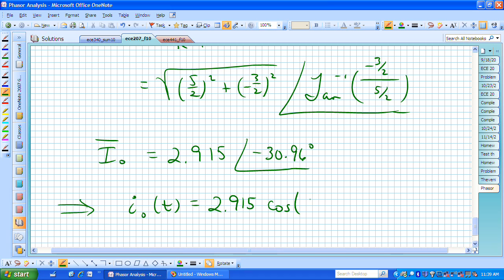It's a cosine waveform at the frequency that we had exciting the circuit, which was 4 radians per second, and it's offset by 31 degrees essentially from both of the sources, and it's behind, it's a negative 30.96 degrees. And that now is our answer for the sinusoidal steady state current.